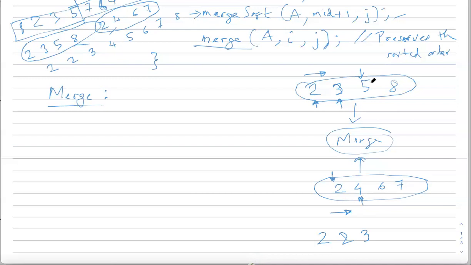Now the comparison is between 4 and 5. 4 is smaller, so 4 gets chosen and the pointer moves forward. Next comparison is between 5 and 6. 5 gets chosen, the pointer moves forward. Then 6 and 8, 6 gets chosen. Between 7 and 8, 7 gets chosen.